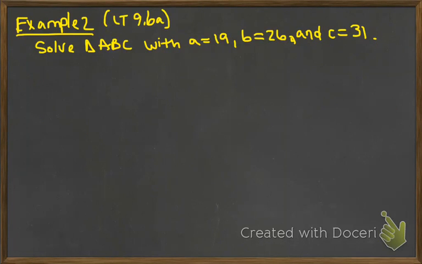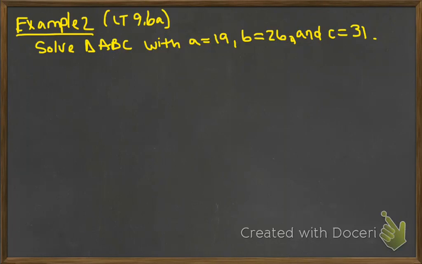Let's now look at a second example of Learning Target 9.6a, where they want us to solve triangle ABC again, but this time we're given that side A is 19, side B is 26, and side C is 31. So we're given all three sides. So we got to keep in mind that when doing this, our first rule was always to do the largest angle first.